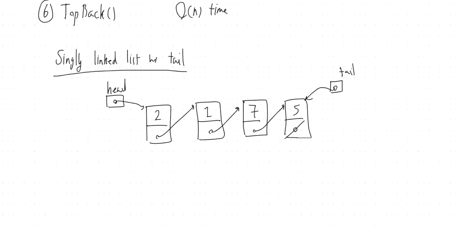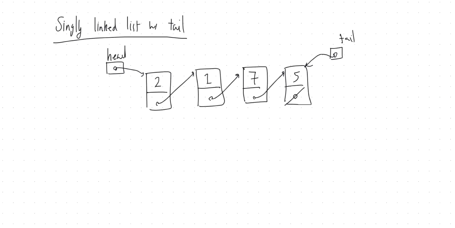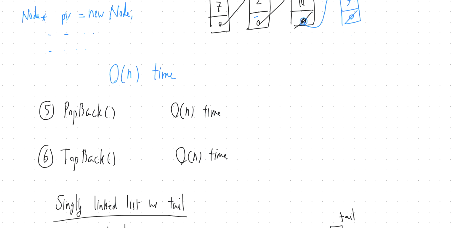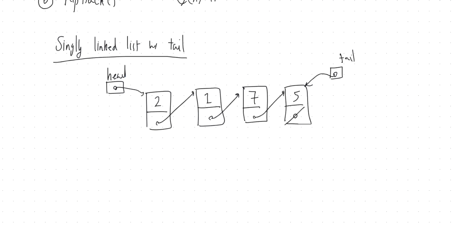Okay, now this is an interesting idea, and it helps improve the time complexity of some of these operations at the end. So for example, here, if you want to pushback some new key, then you create a new node here with k and empty and so on.